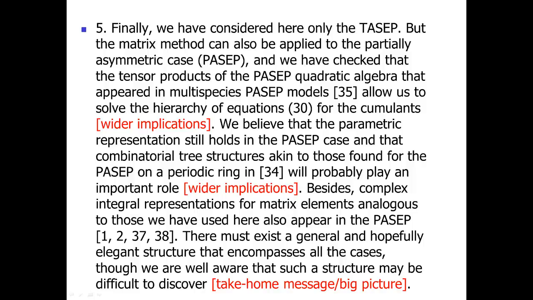And then they give kind of a big picture take-home message at the very end. There must exist a general and hopefully elegant structure that encompasses all the cases, though we are well aware that such a structure may be difficult to discover. So they're saying there may be a structure that applies across all of these different cases, but it might be really difficult to discover. That's the take-home message, how this fits into the bigger picture.